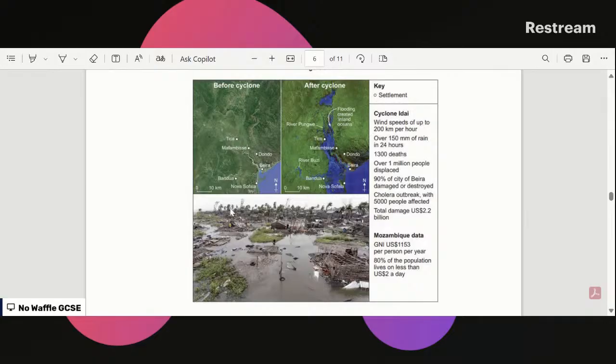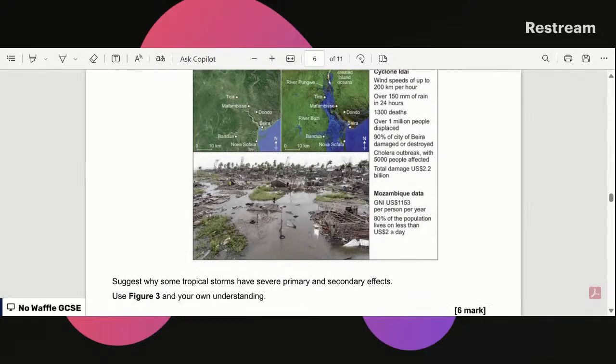The destruction of crops, which could eventually lead to malnutrition and starvation, disruption of coastal habitats, as salt water mixes with fresh water that could have really damaging impacts on organisms that rely on those, mudslides, landslides, etc. So those are examples of primary and secondary effects, but we're asked about why some tropical storms have severe ones.